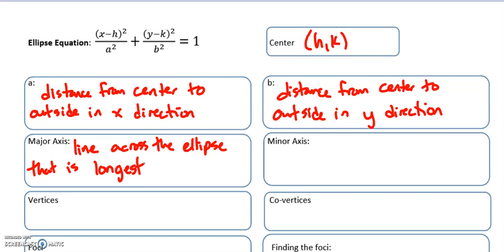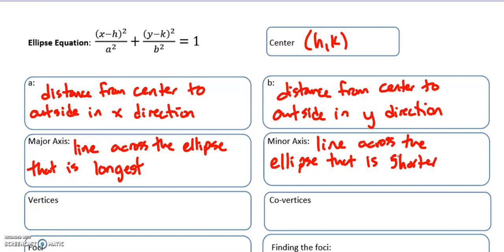In other words, either the vertical or the horizontal line across that ellipse is longer, whereas the minor axis is going to be the line across the ellipse that is shorter.